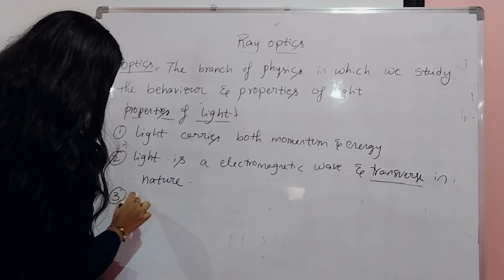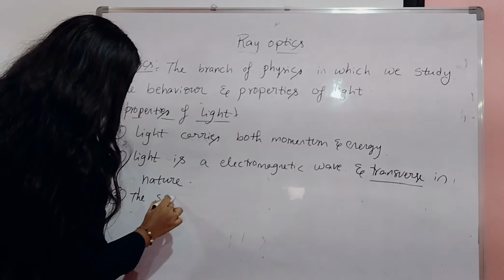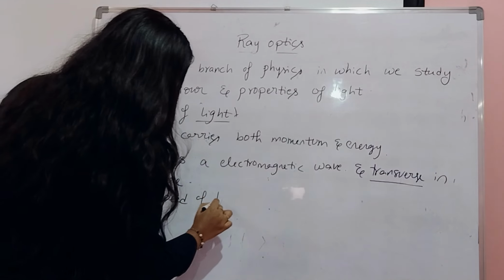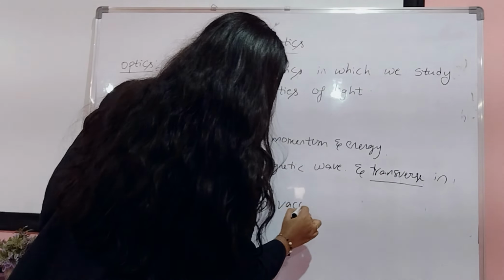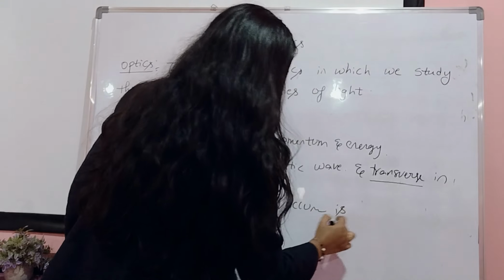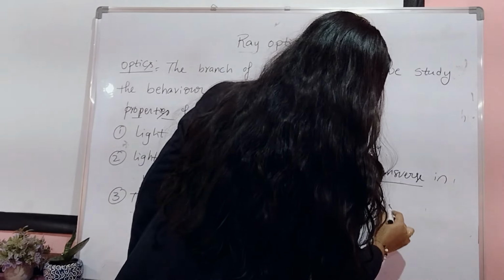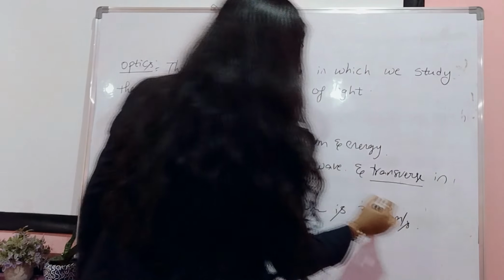And the third one, the speed of light. The speed of light in vacuum is 3 into 10 power 8 meter per second. Is it clear?